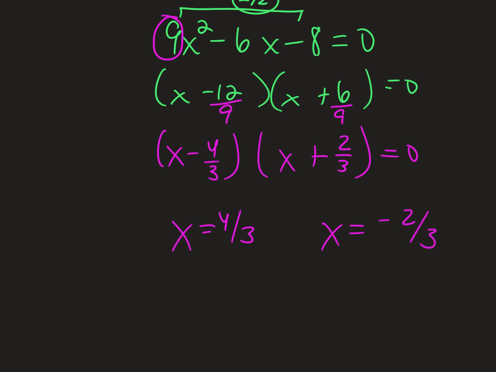When I have 2 answers, I should make sure I plug them both back in. To save time, I'm telling you now, I did on the answer sheet: 4/3 makes your equation true, negative 2/3 does not. Do not just automatically assume that they're all going to work or that they're all not going to work. Just make sure you're checking.